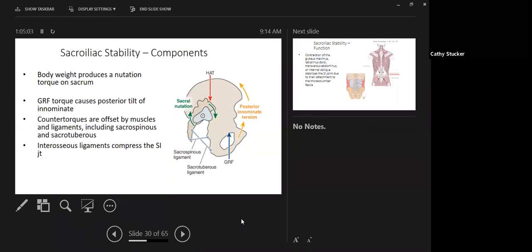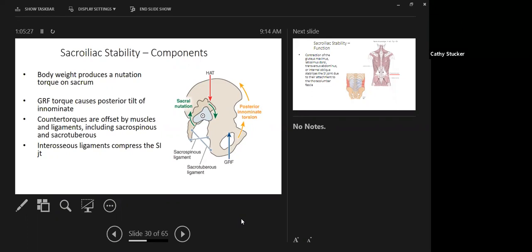When that happens, your sacrospinous ligament and your sacrotuberous ligament go very tight. They're on the ischium and the ilium.